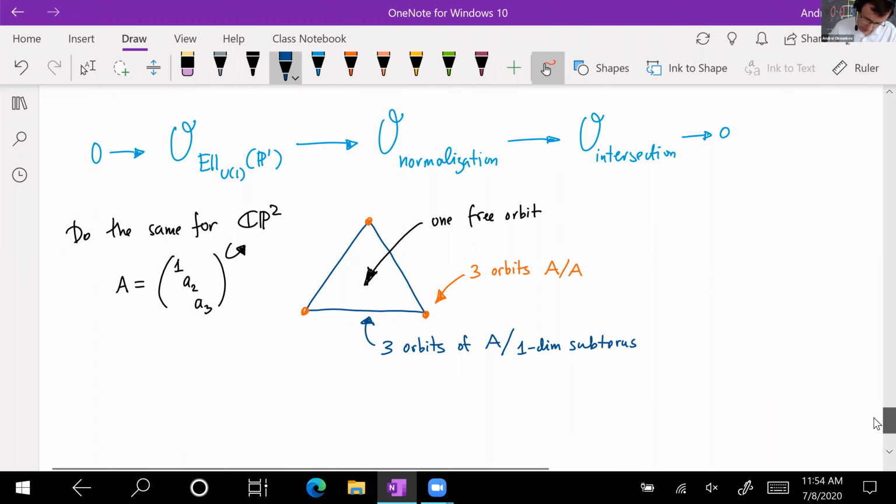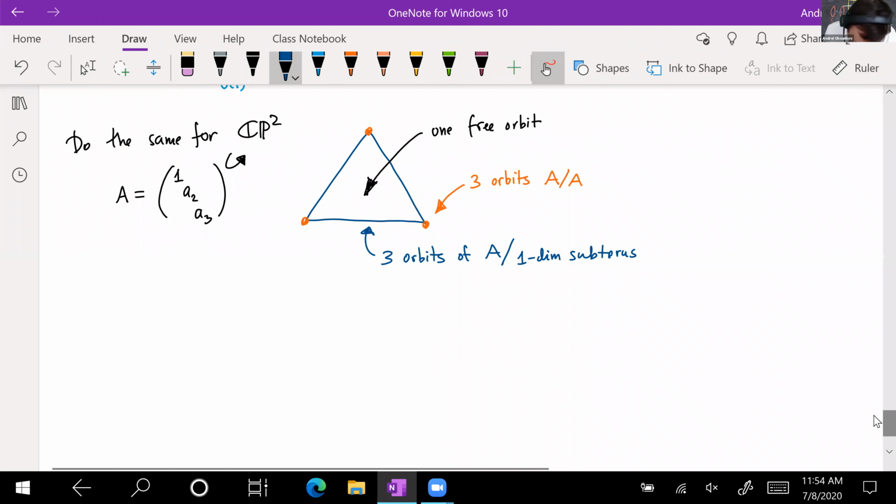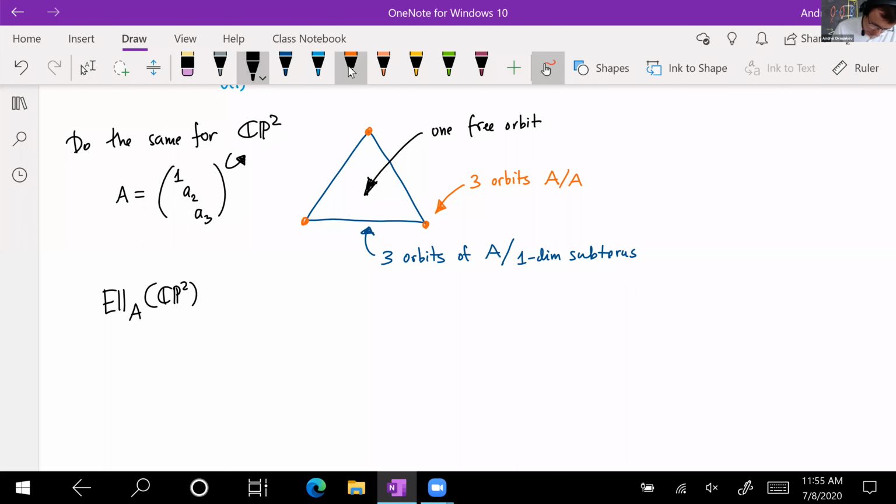So when we computed the A-equivariant elliptic homology of CP2, we computed that it looks like a union of three planes that intersect like coordinate planes in a 3-space. And there's a normalization map.